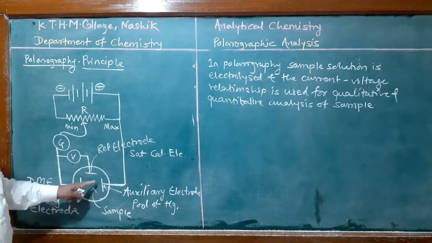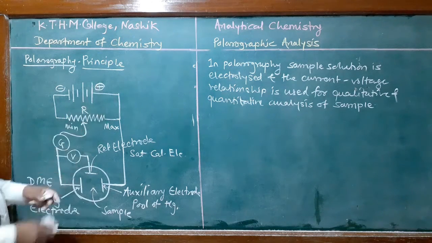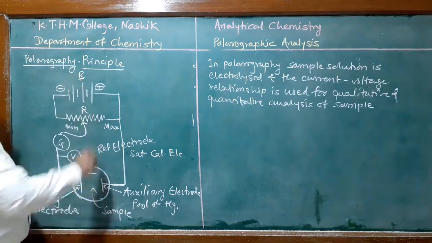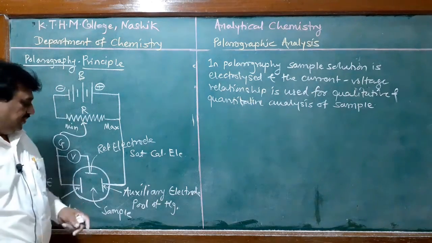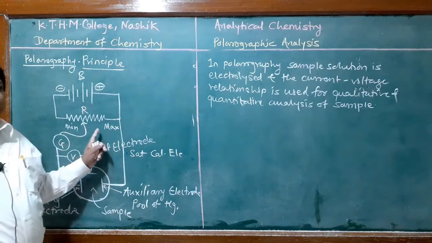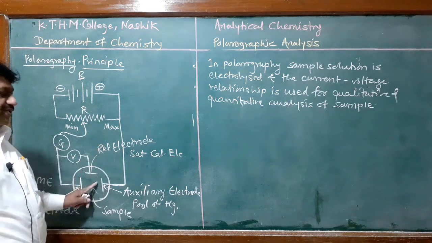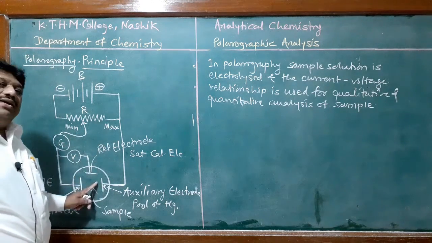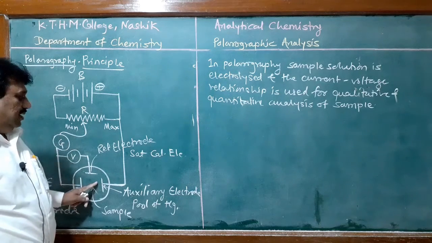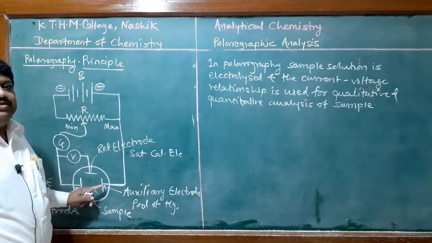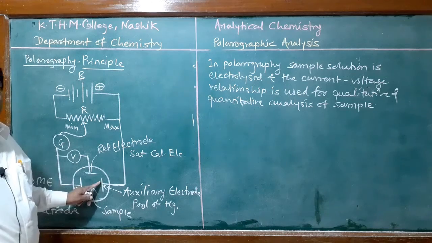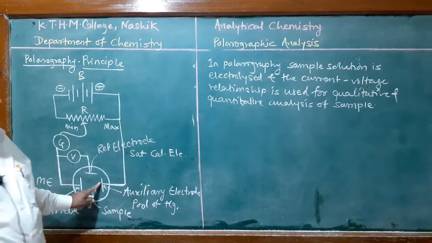This analyte solution is electrolyzed by the application of DC potential. When the analyte undergoes reduction, a current-voltage graph is obtained, and that current-voltage relationship is utilized for qualitative and quantitative analysis of the sample.